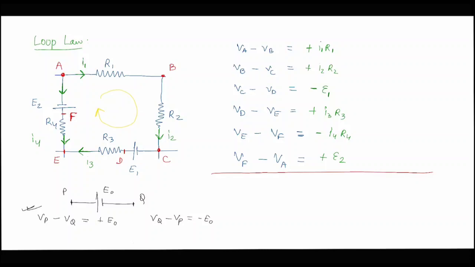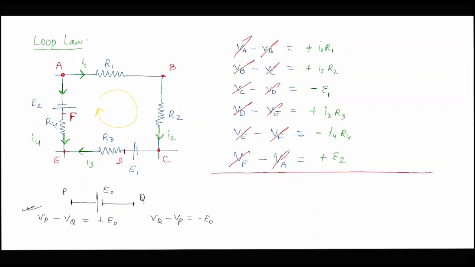And now if I do the addition, we see that in the algebraic sum, minus Vb plus Vb cancel out, Vc minus Vc, Vd, Vd, Ve minus Ve, Vf, and then plus Va and minus Va will cancel out. So the algebraic sum of all the potential differences along a closed loop in a circuit is 0.